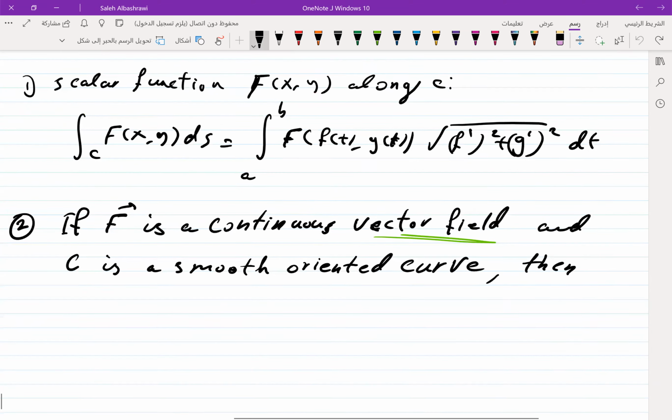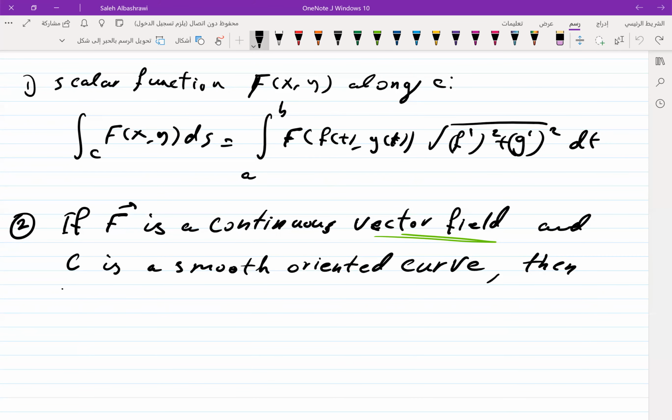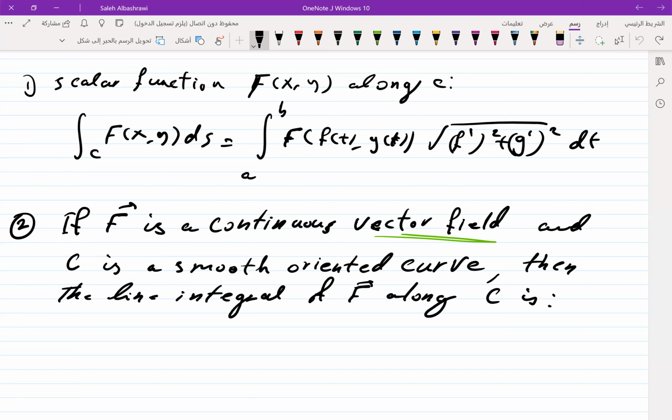The line integral of the vector field F along the curve C is given by the integral over C of F dot dr, where r is the vector function of the curve C. So this time we are using the dot product.